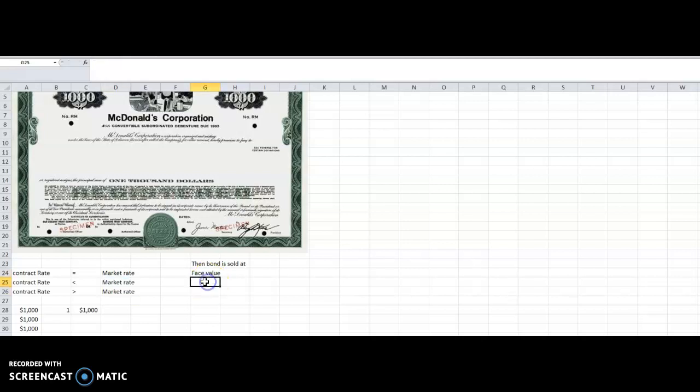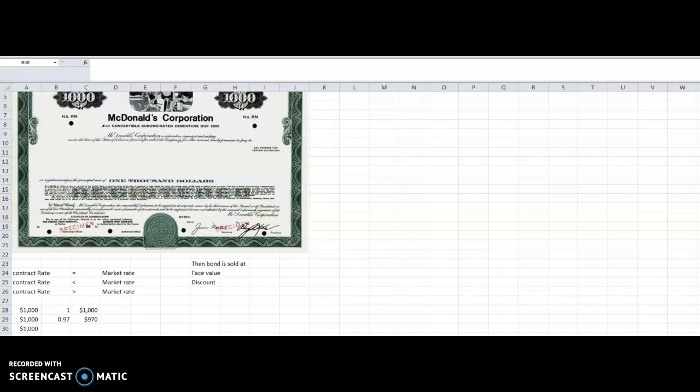So we call that a discount. That is, if the contract is less than what you could get at the market, it's sold at a discount. And the way you would see that is it would be less than 100% or less than 1. So let's say, for example, it was 0.97%.